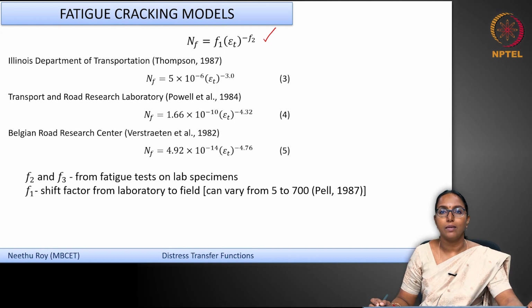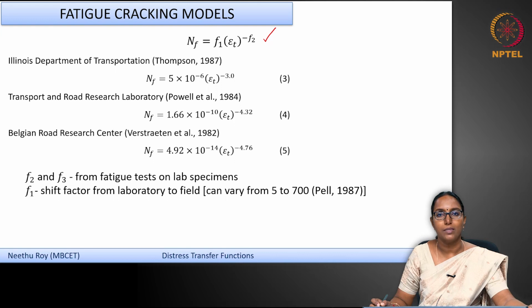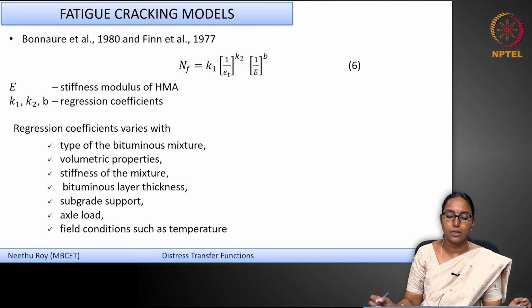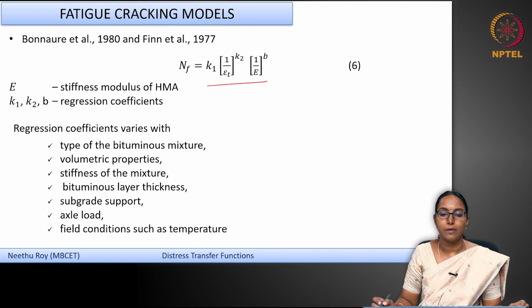This highlights the importance that whenever you want to use these fatigue cracking models, it is necessary that they are well calibrated and the field performance is properly captured through this F1 parameter. Again, as I said, certain models have neglected the influence of E, the material modulus, but certain have considered that as well. So again, the general expression is written here with K1 into 1 by epsilon T raised to K2 and 1 by E raised to B.